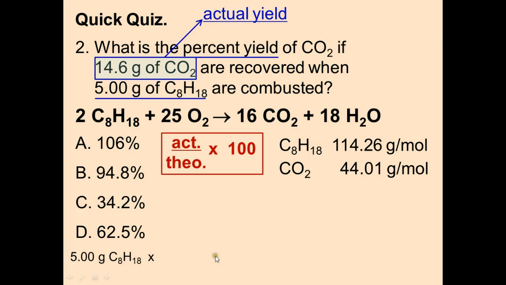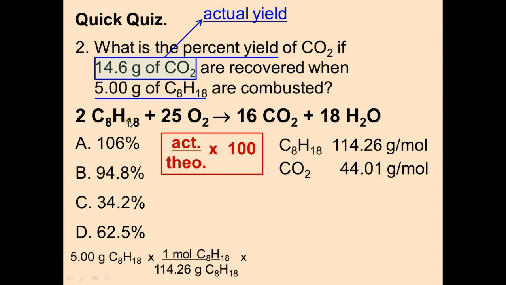So here we set up our whole long conversion. So we start with 5 grams of this hydrocarbon. Then we use molar mass to convert from grams of this to moles. So we divide by grams because we start with grams, and then we put the moles on the top. Grams cancels out, we're left with the moles. And now we convert from moles of C8H18 to moles of CO2.